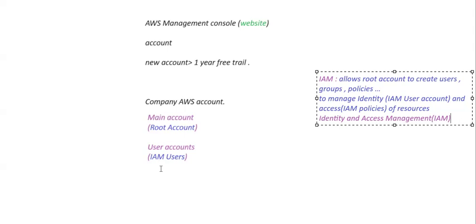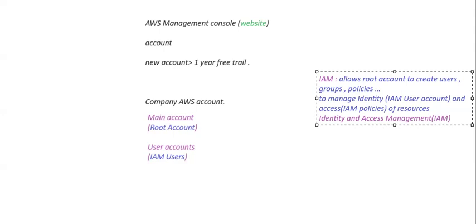The root user can control the identity and access of the root user resources, and for these sub users, yes, he can control the identity and access of these IAM users. Who? The root user can control the identity and access of these IAM users.